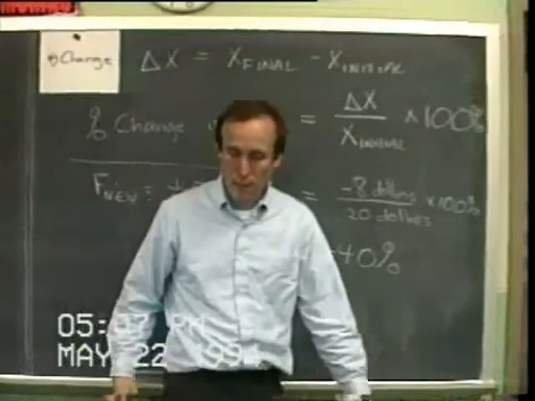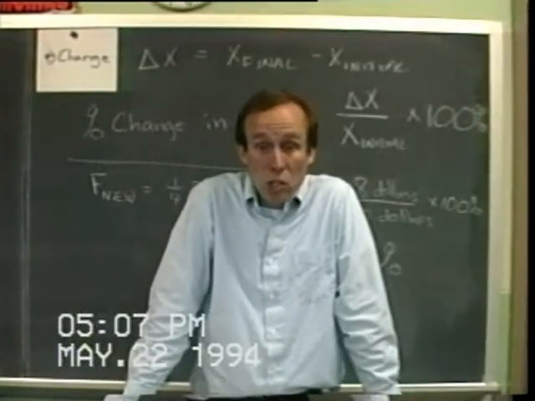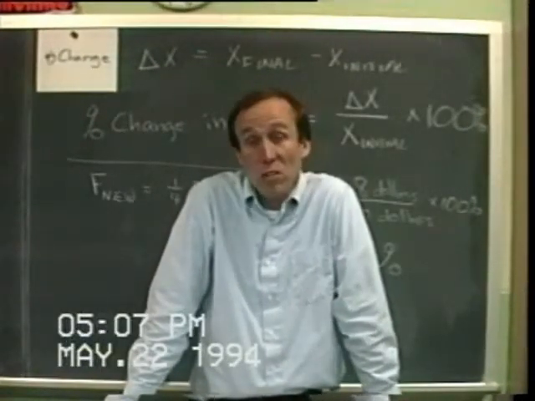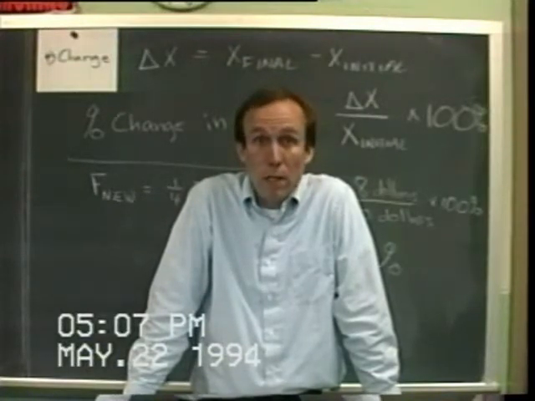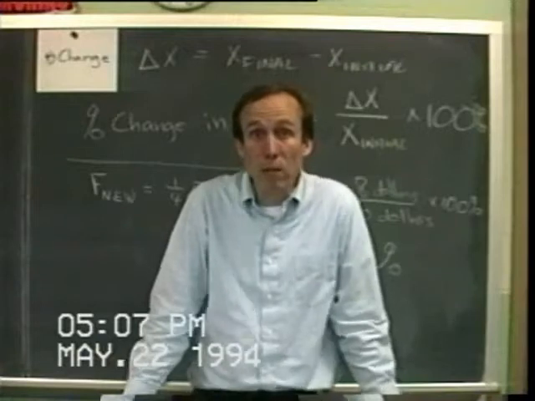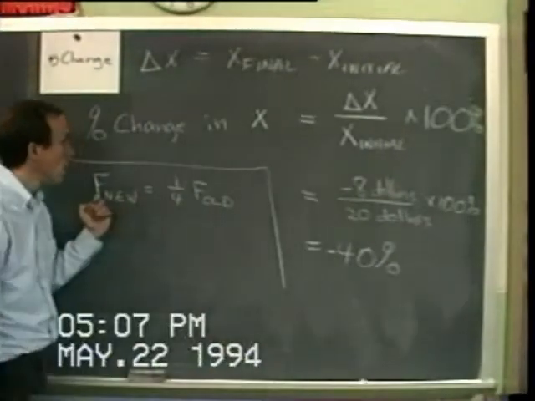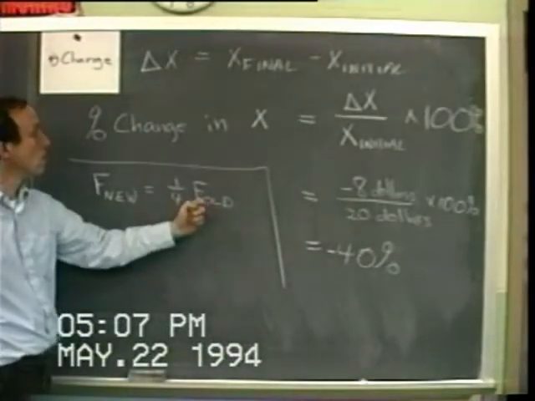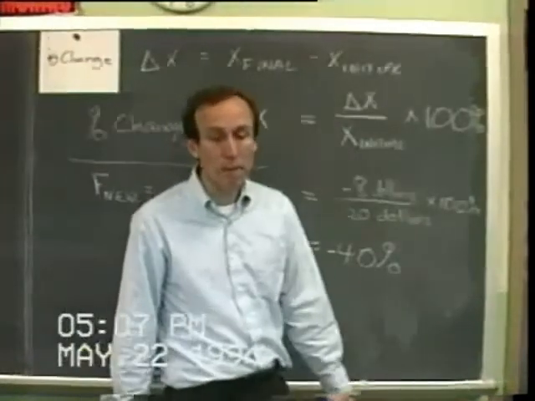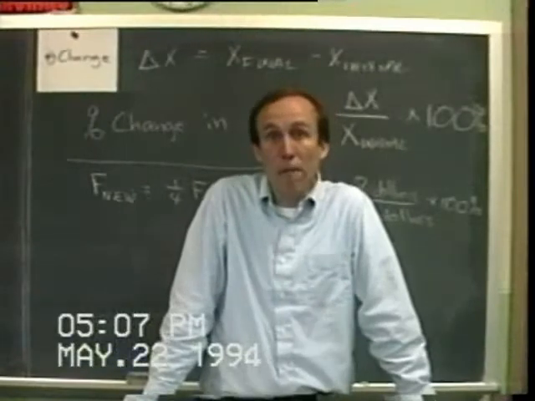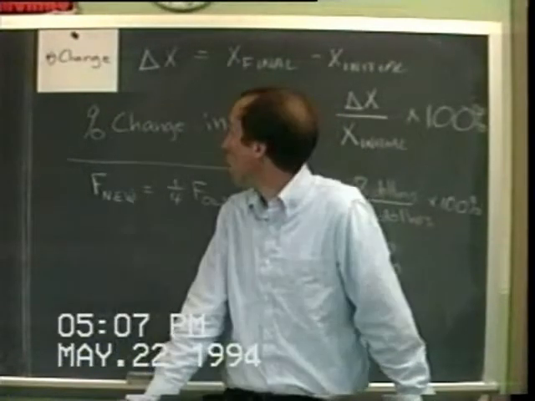If they asked, what's the percentage change, what's the percentage decrease, you would not say it's 25%. It didn't decrease by 25%. If the force went from F old to F new, if it decreased by 25%, then that would mean F new would be 3/4 of F old.